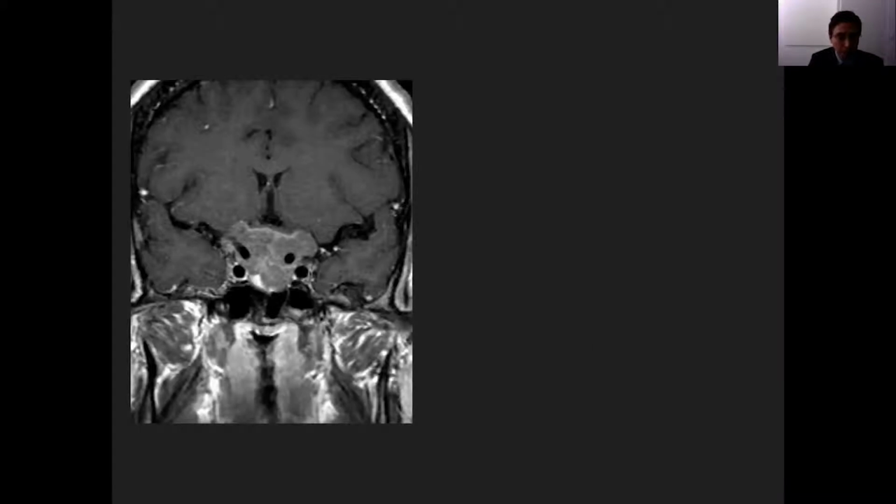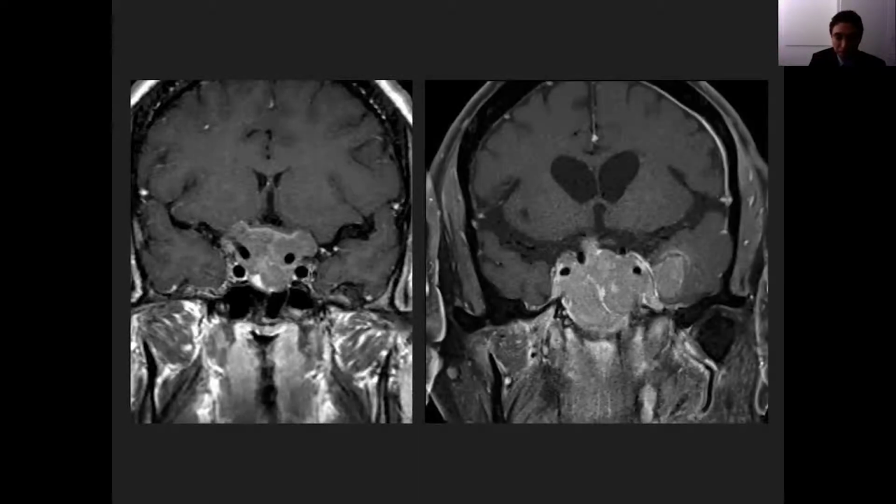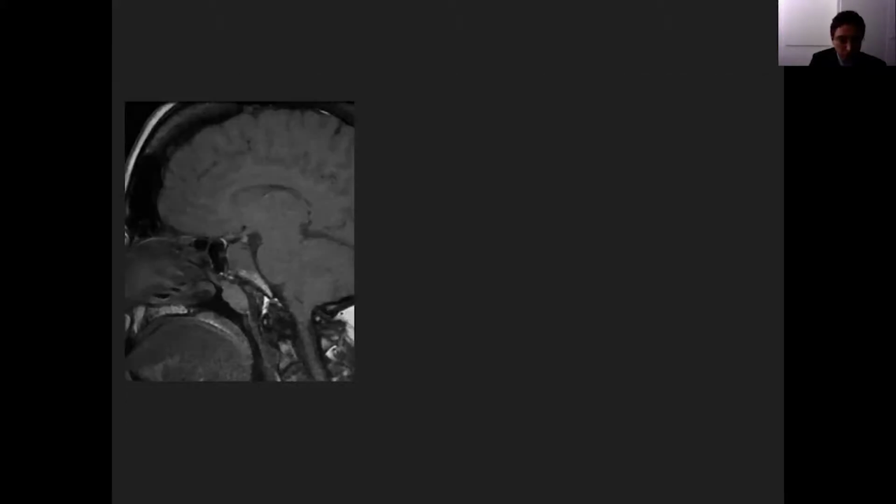This is a case of a patient with cavernous sinus invasion bilaterally, which we can see here on the coronal post-contrast images as evidenced by encasement of the internal carotid arteries bilaterally. We can see this in a different patient where we have encasement of the carotid arteries bilaterally in this tumor that is also extending to the left temporal lobe. So if we see encasement, we know for sure that there is invasion of the cavernous sinus, and that's something that we need to indicate in our reports.